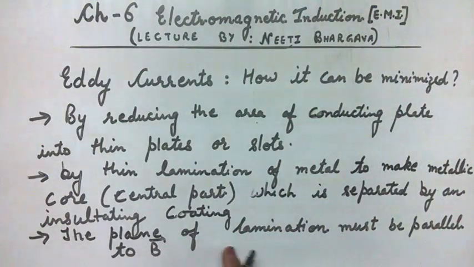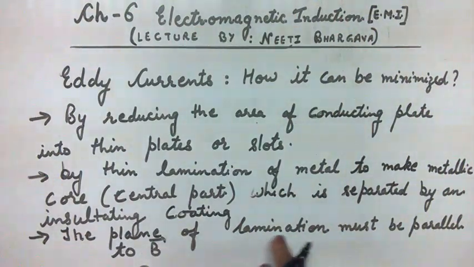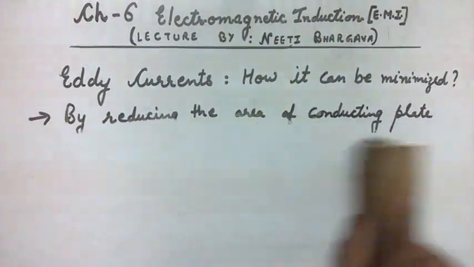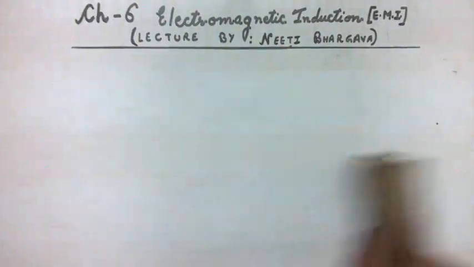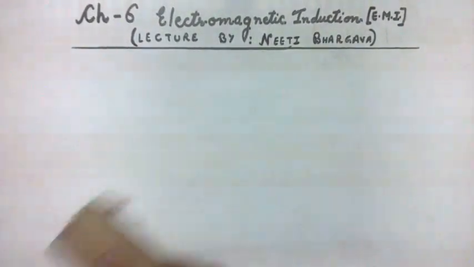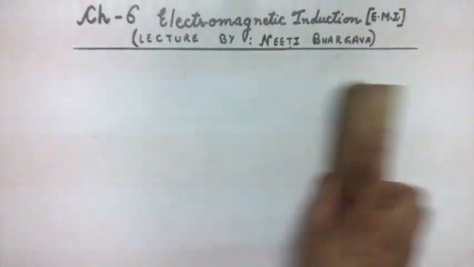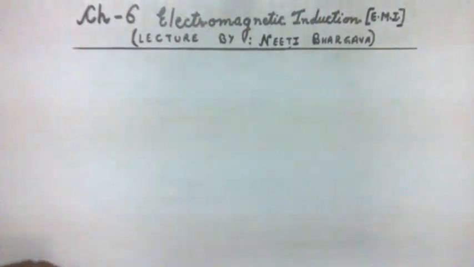Thus, if the plane of lamination is parallel to the magnetic field, it will cut across the eddy current path. Therefore, let's see how we can do this lamination. We use lamination and coat it with insulating or non-conducting material like varnish.